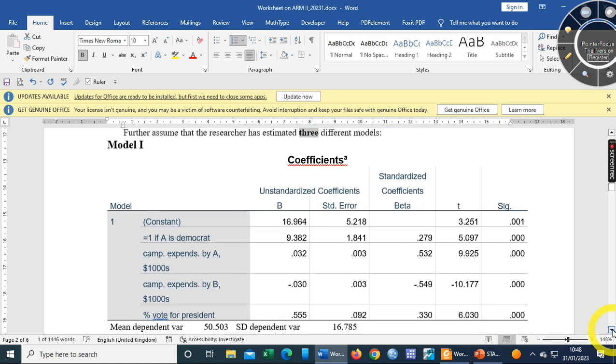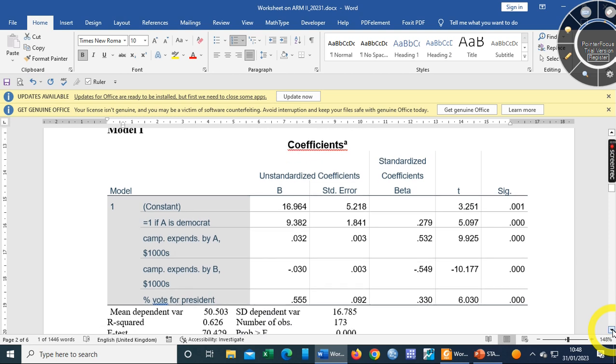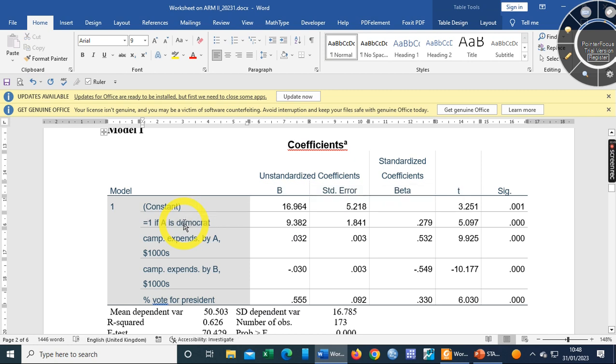In the first model, the researcher found this regression model. This is the constant term. This is the Democ A variable, and the variable is a dummy variable. Our reference group is non-Democrat, a benchmark, a reference group.